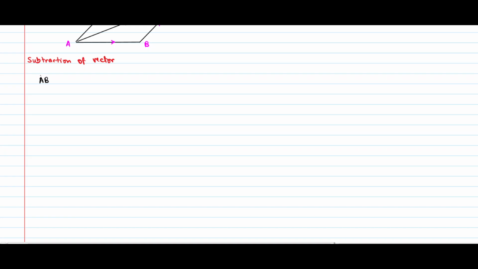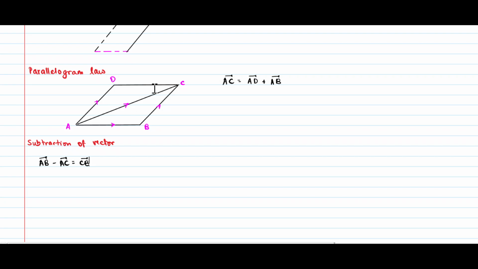So let's say there is AB vector minus AC vector, it would give you CB vector. Okay, so this is an example. You can take this and you can modify it into this. So we basically did this. I hope this makes sense. Since you are learning these, you have already learned this.